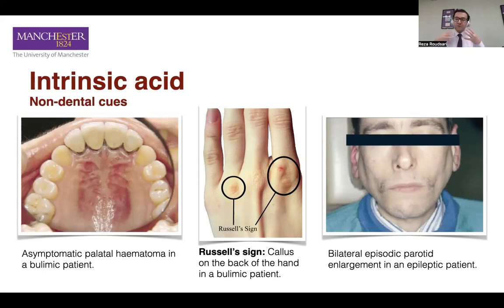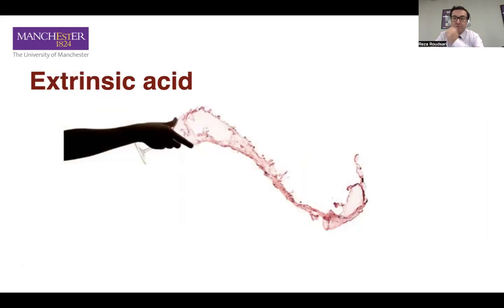If they have uncontrolled epilepsy and too many grand mals in a day, their parotid glands, because they keep working, become very hypertrophic, and you can see how much the parotid glands of this gentleman have come out. So people who vomit a lot would actually have very hypertrophic parotids, which is something you guys need to look out for. So that's pretty much your intrinsic acid covered.